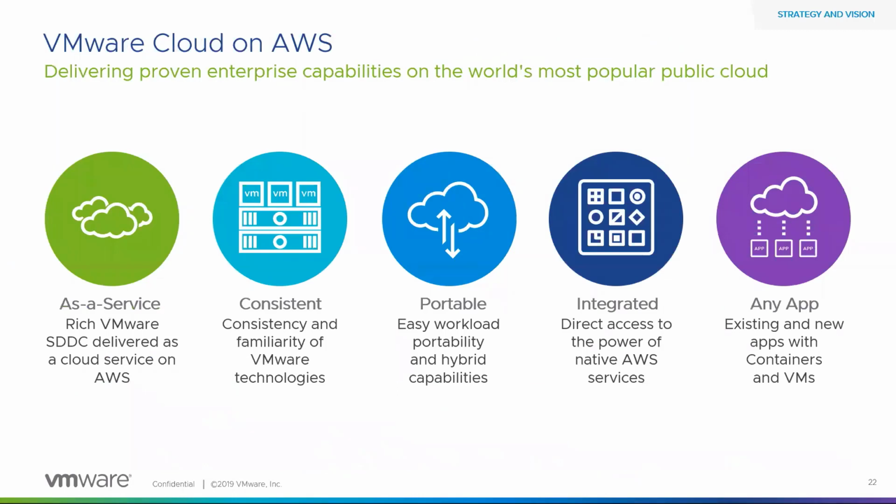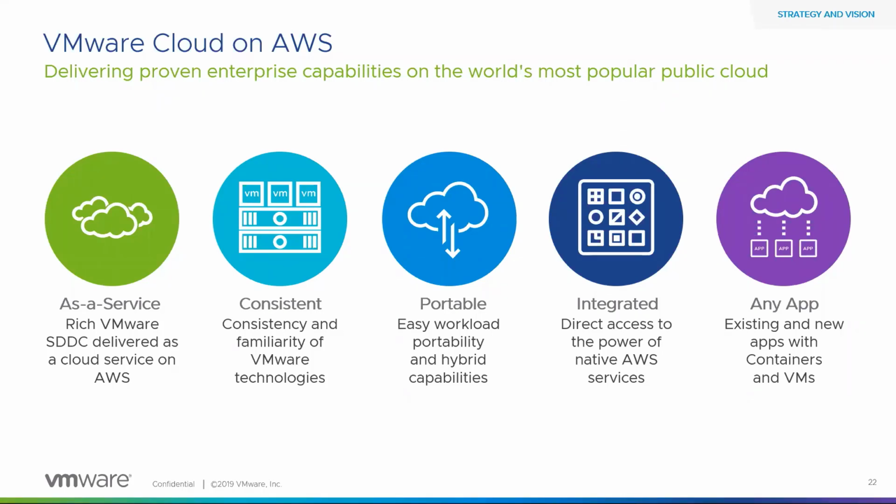So VMC on AWS, as I pointed out, is an as-a-service offering from VMware. So it's something that you subscribe to, it's subscription-based. It's a modern SDDC, so it's built on VMware's SDDC stack. I'll talk about that more in the upcoming slide, but all of the tools that you've heard of and even use, they're part of that stack.